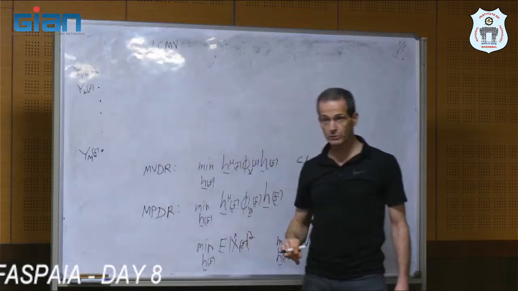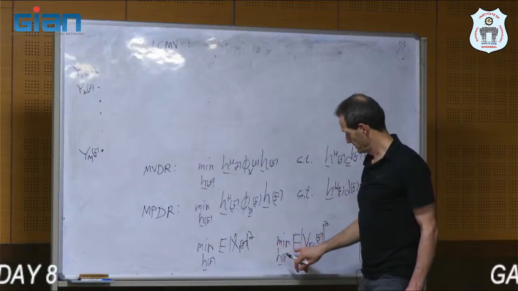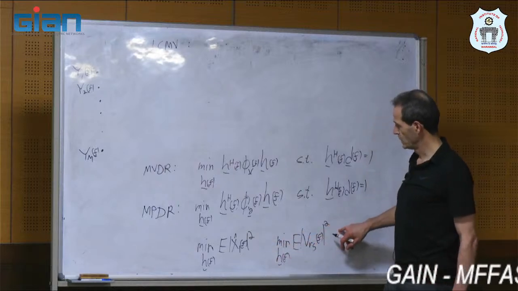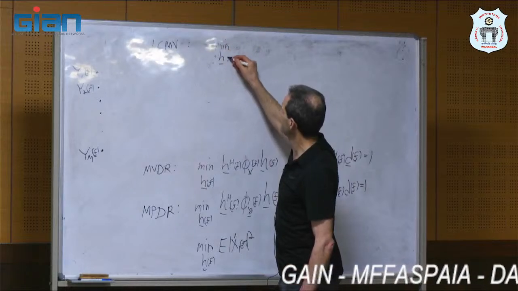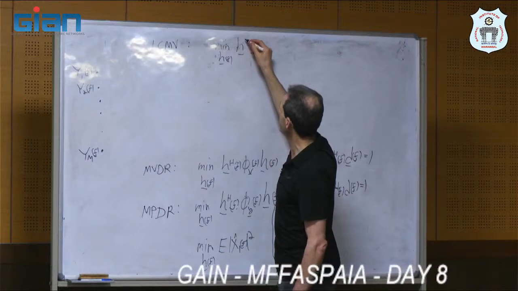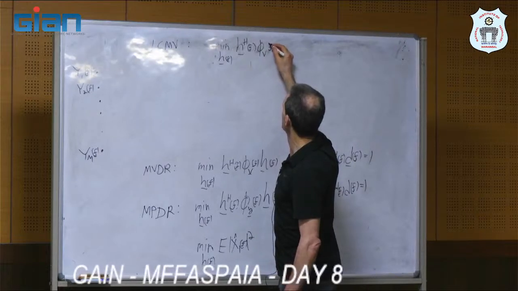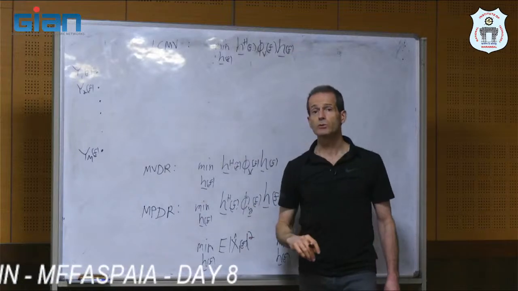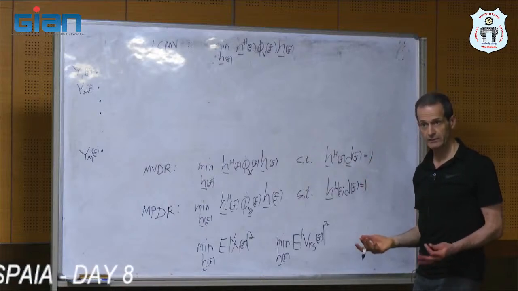What we try to do is to find a filter H that minimizes the variance, subject to not only the distortionless constraint, but additional constraints.